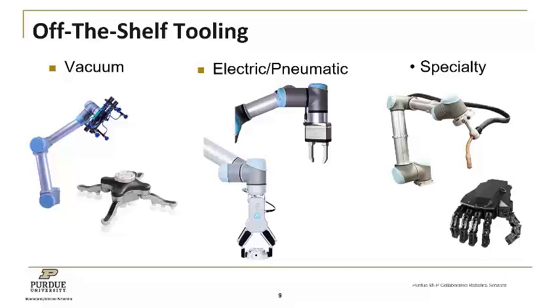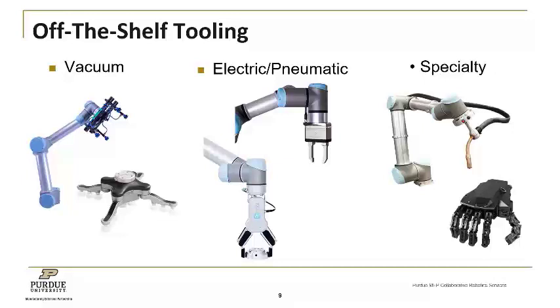But then there's all sorts of specialty tools as well that you can install at the end of the robot. It goes from screwdrivers and sanders to soldering irons and welding torches to inspection cameras and more. So it's really limited by your imagination in terms of what you can put at the end of that arm. One of the main cobot manufacturers is called Universal Robots, or UR for short.